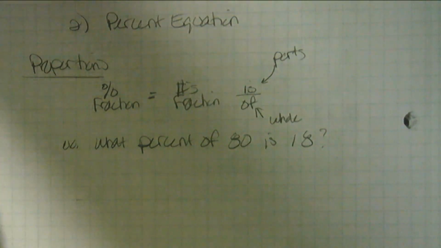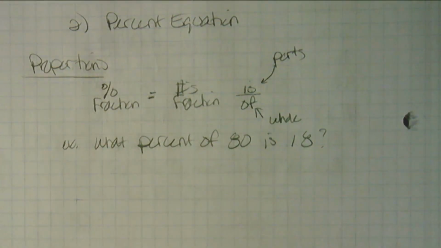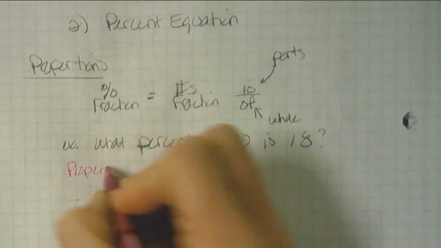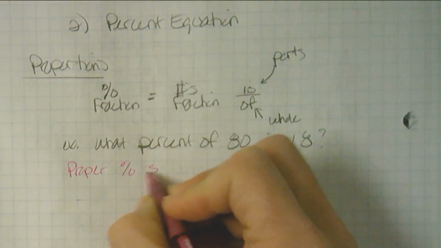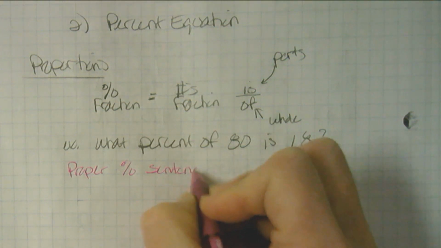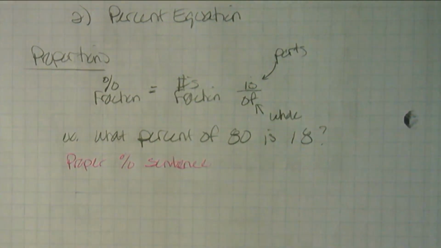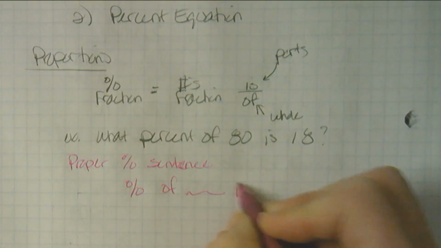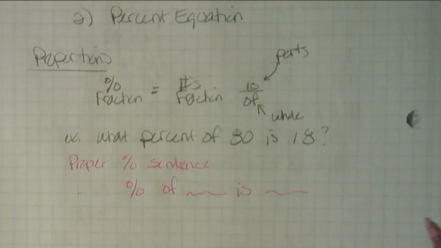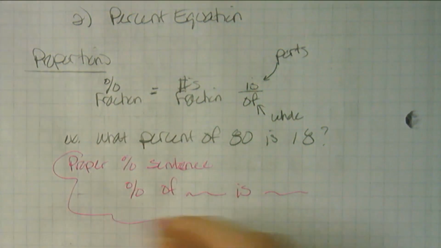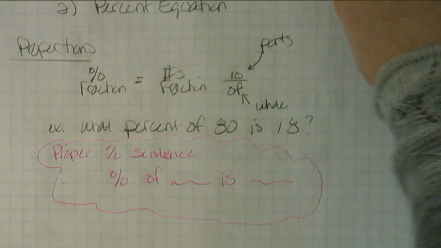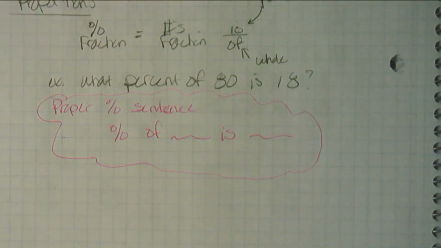Now the thing I want to remind you is when you write them in this way, we're going to talk about a proper percent sentence. I'm big on this. You guys know this. A proper percent sentence has our percent of information is information. I want you always setting up your percent sentence in that manner: percent of something is something.